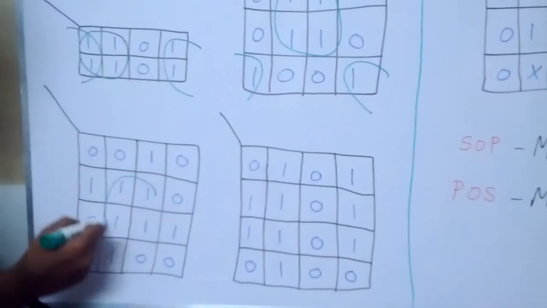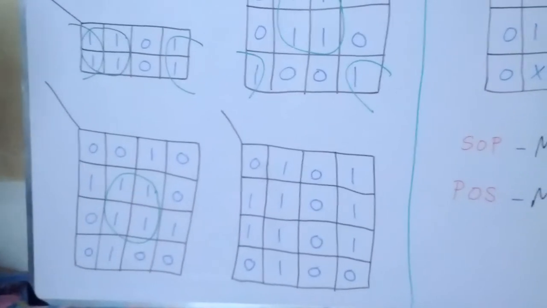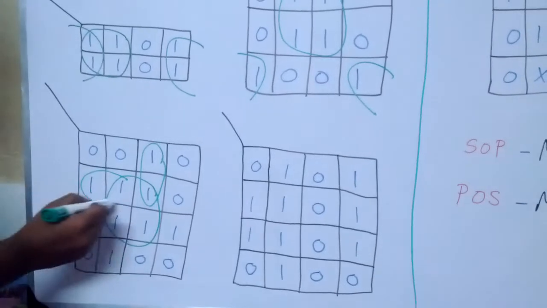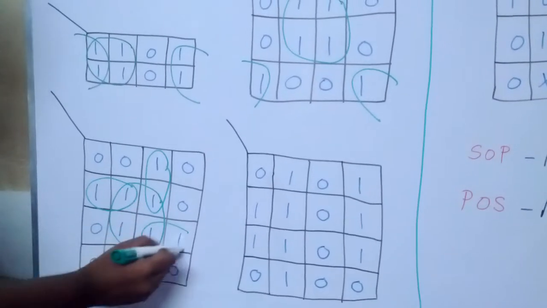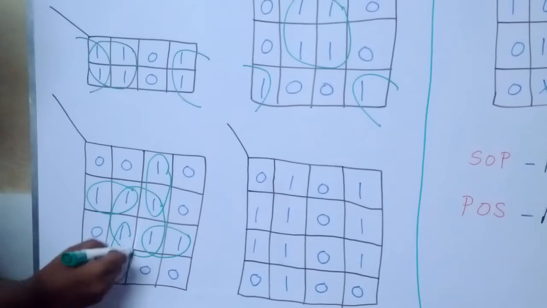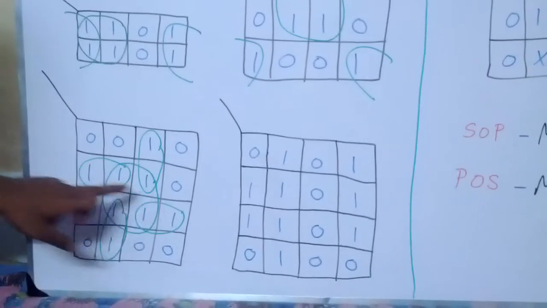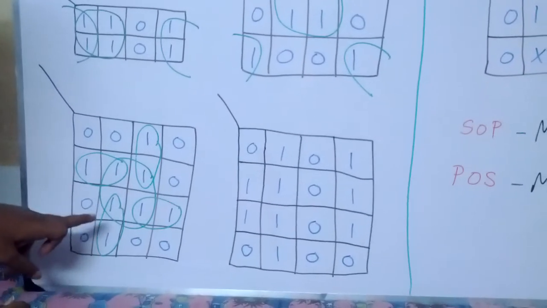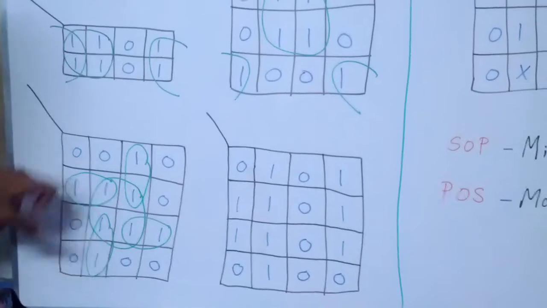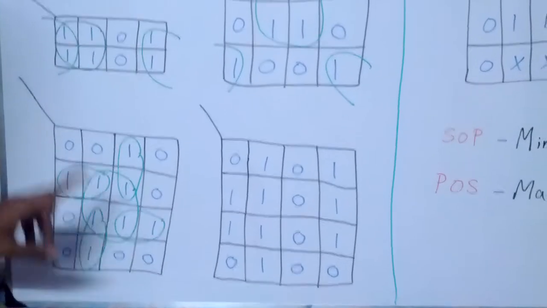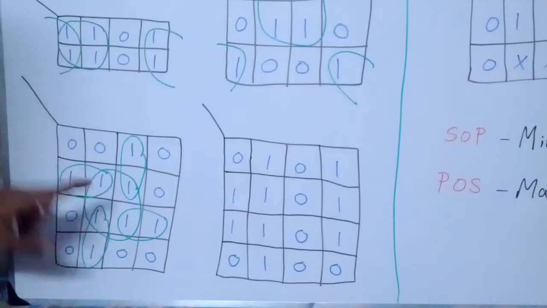This one, as soon as anyone sees this again, they will group these 4 ones. Then what they will do? They will group this one, this adjacent one, this one and this one. Finally what happens? The first group of 4 ones becomes a redundant group because the ones have already been grouped. The main thing is every one has to be grouped.